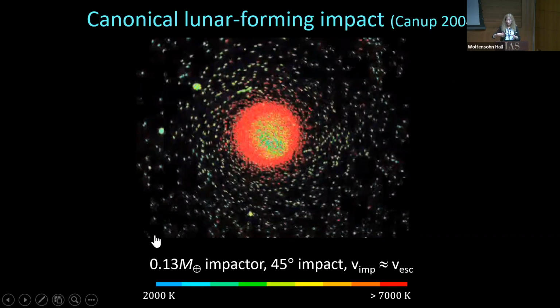It has a silicate vapor atmosphere, red particles at low pressure, and it's surrounded by a disk with typically between 1.5 and 2 lunar masses. So many of these impacts that are around either head-on to quite grazing produce iron poor disk. That's a relatively simple part of the problem to address.